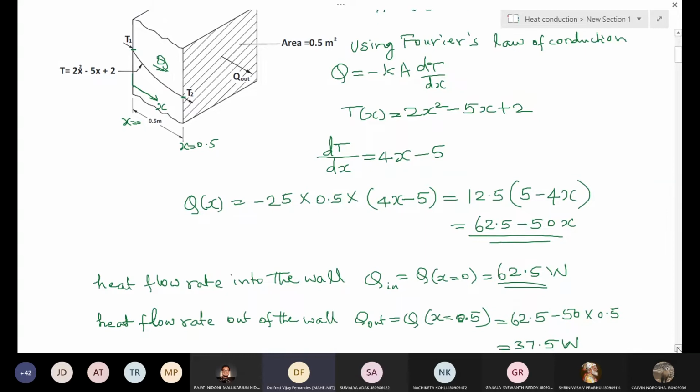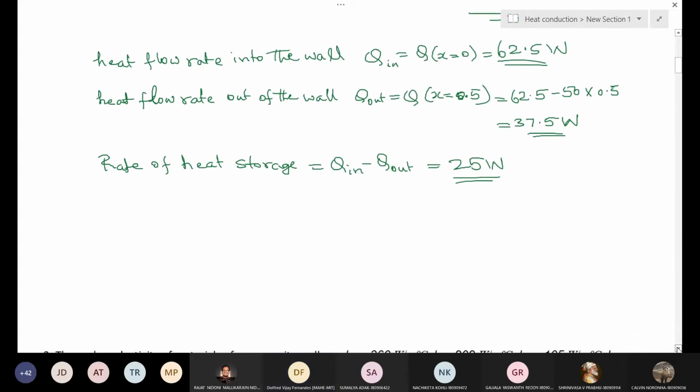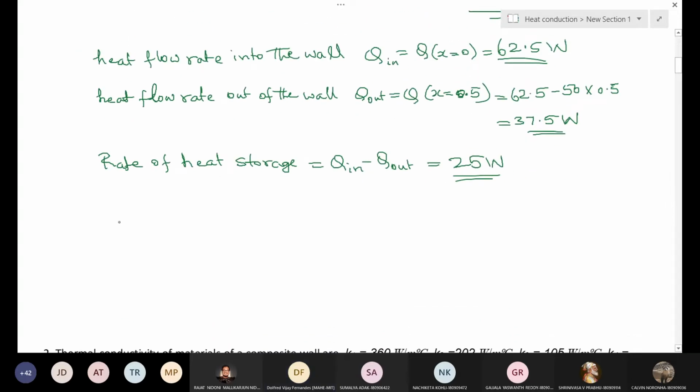So what is the rate of heat transfer at the middle of the wall? You have to substitute x equal to 0.25. Yeah.